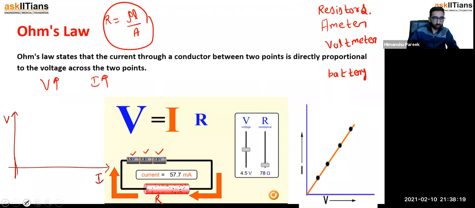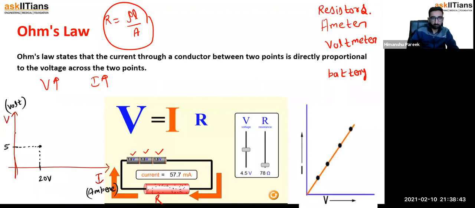So suppose somebody has taken the voltage as 5. So current value you get as 20. Okay, I'm writing voltage in volt and current in ampere. So that is the first value we have got here.